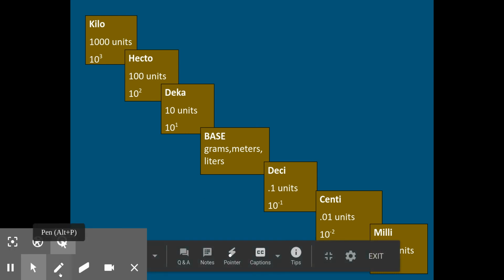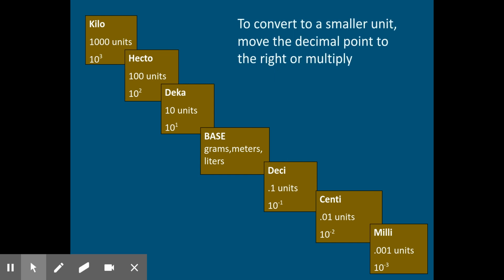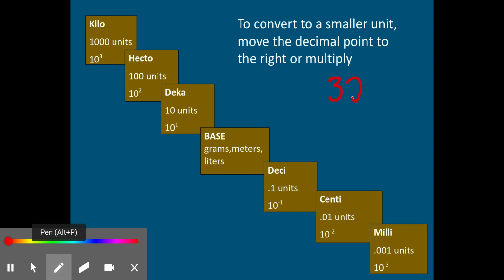So here's the easiest way to convert from one thing to another. Say I want to convert 32 grams to milligrams, okay? First thing we need to do is figure out where I'm starting. So I'm starting with grams.